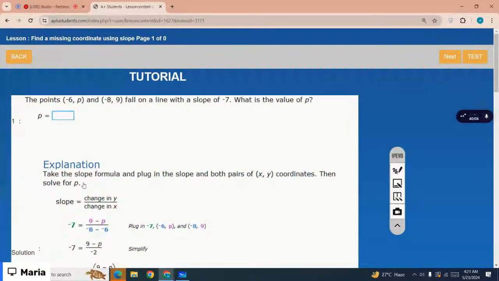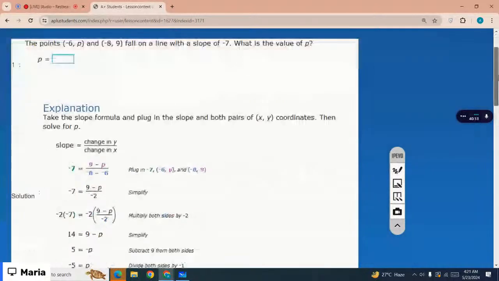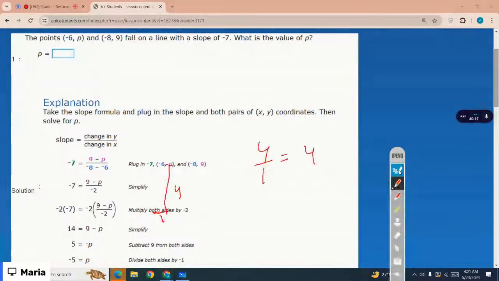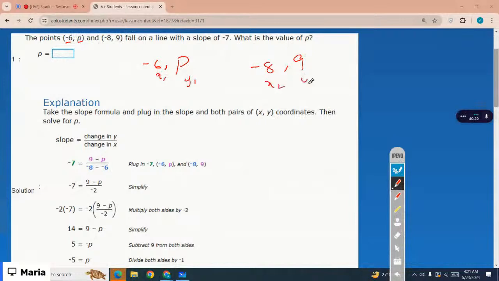How do we find the missing coordinate, right? We have to use the formula that we use to calculate the slope. That is slope equals change in y divided by change in x, right? So now just use the coordinates. This is x1, y1. This is x2, y2.